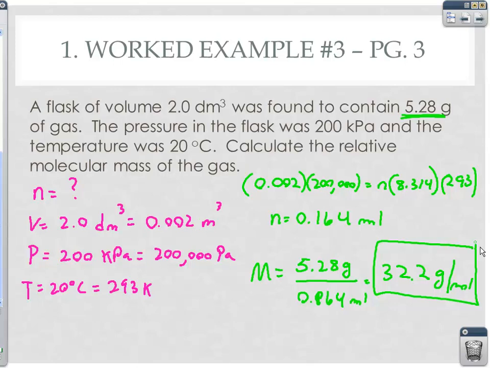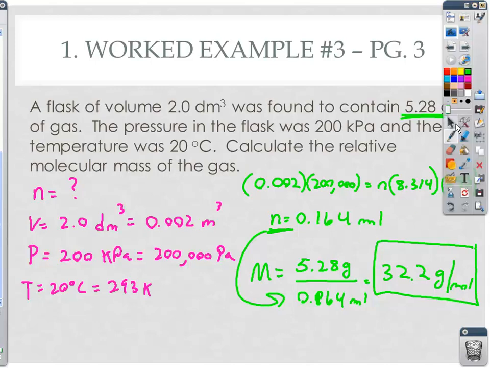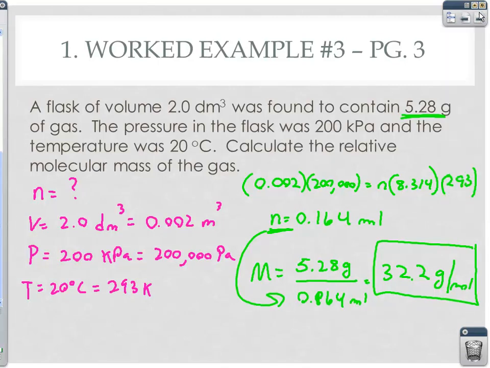Okay? It's a little different than the text, but I think this way is a little easier because you don't have to work with a different equation. This one stays with PV equals nRT to find moles, and then you use that to plug into the molar mass equation.